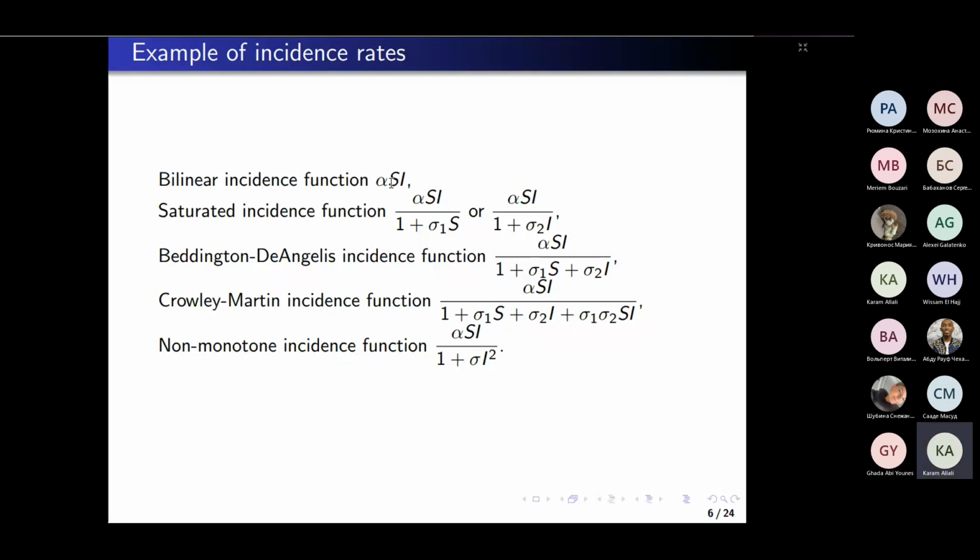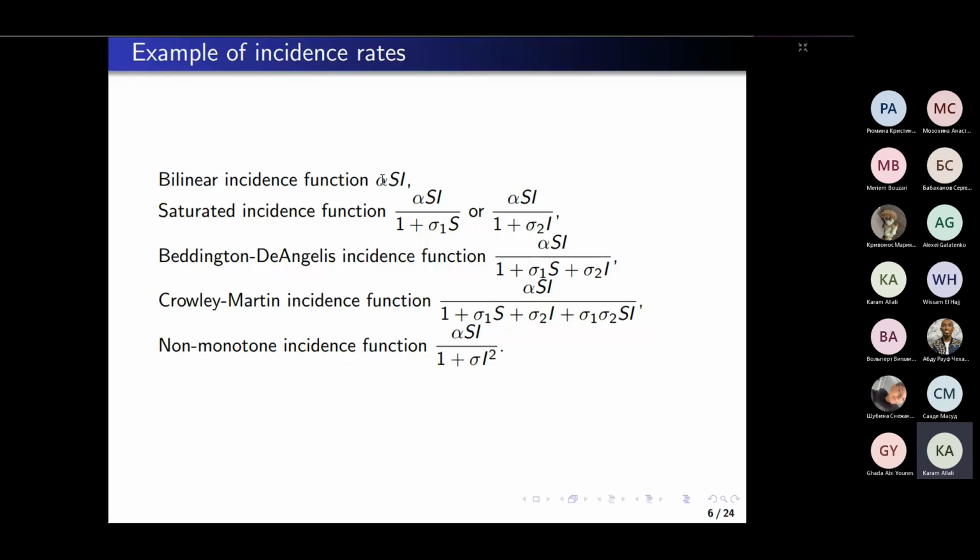Later, many incidence rates were suggested. For example, here the saturated infection incidence function. It seems to be more biological than the bilinear incidence function, but sometimes the variable can grow in an uncontrolled manner for the first example.